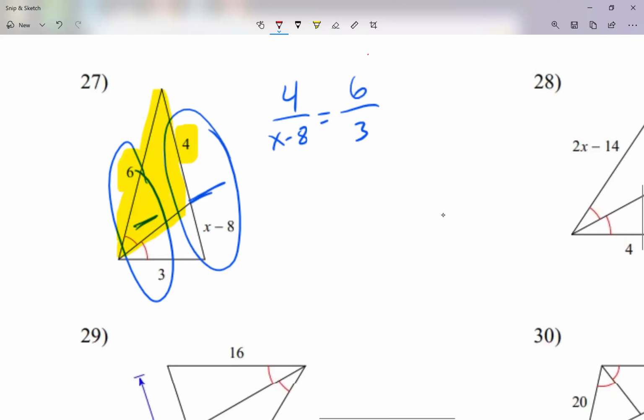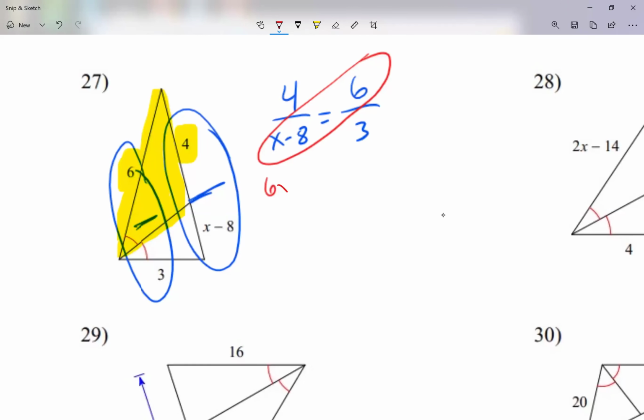Because of the minus, I'm going to go 6 times x and 6 times 8. So it's going to give me 6x minus 48 equals, I know 4 times 3 is 12. Now I want the x by itself.